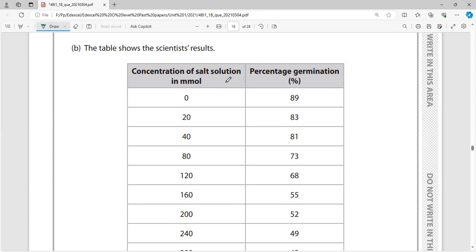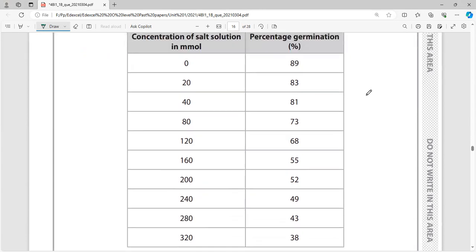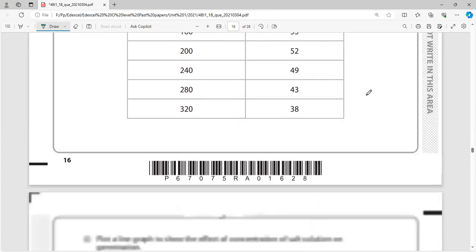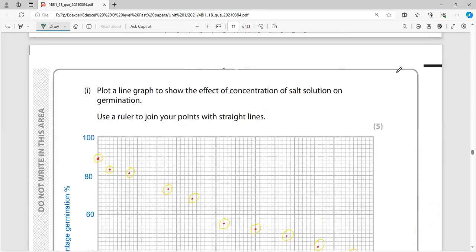In response, the germination of the seed depends upon the concentration of the salt, so that's our dependent variable. We always take the independent variable along the x-axis and the dependent variable along the y-axis. The whole data is given there, and you're supposed to use this data to plot your graph.